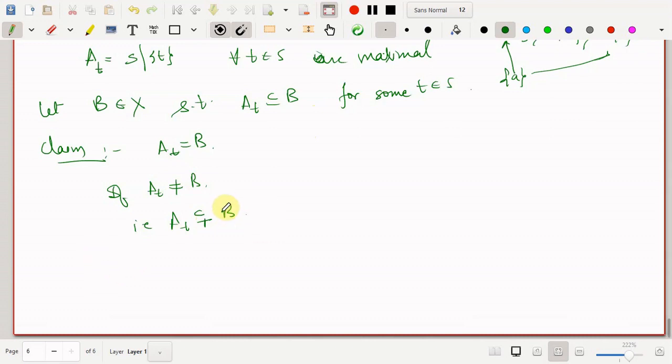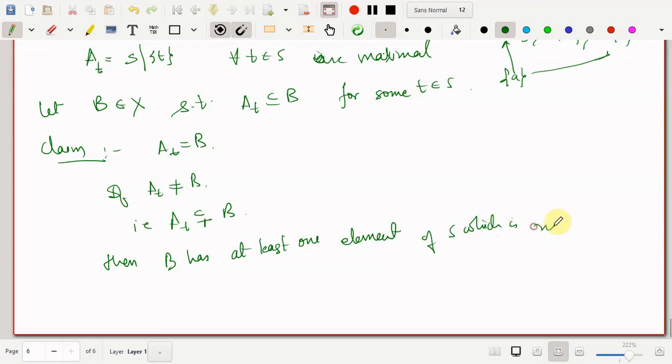So then B has at least one element of S which is not in A_T.